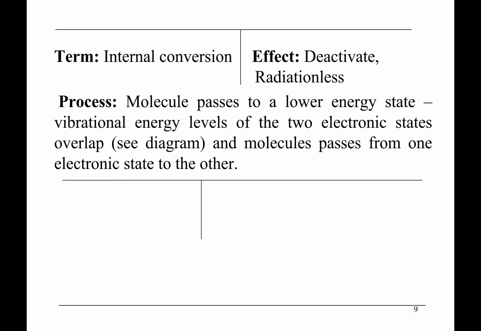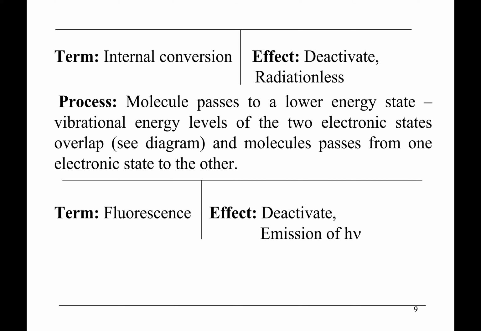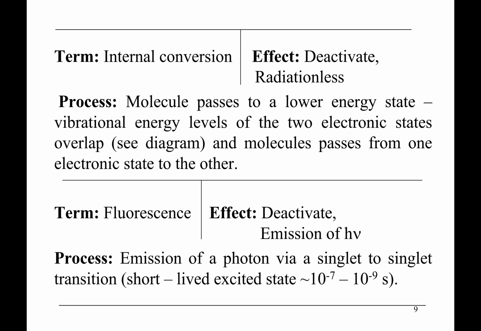Now, the other term is fluorescence, which we understand again. The loss of energy is also a deactivation. The effect of that is the emission of energy, h nu. Then the process, notice the process. We said fluorescence is, notice which one is longer.